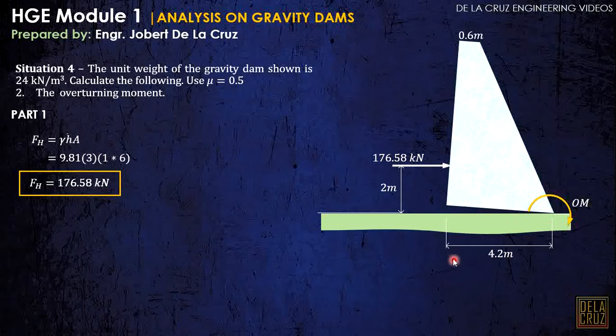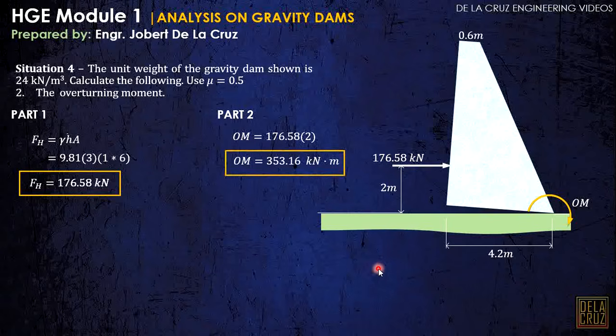Let's call that OM. And that OM is obviously just this force times this distance. For part 2, that is just 176.58 times this distance, and that is 353.16 kilonewton meters. So there is no need to memorize formulas, just simple basic statics.